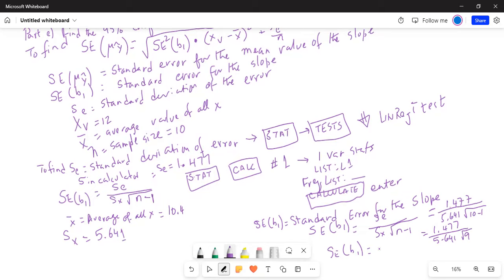Then close the right parenthesis and hit enter. So the standard error for the slope is 0.0873. Okay, so we will need all of this in the equation. I'll write the equation once more and I'll create some more space.